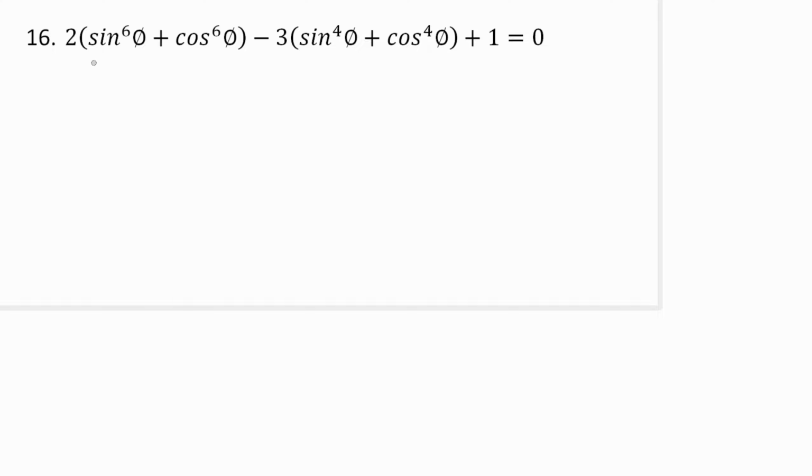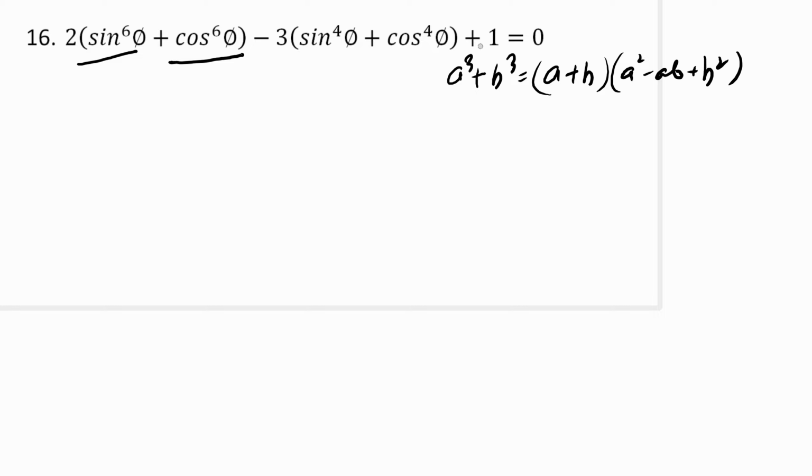First, let's apply a cube plus b cube over here. We have applied it in the last question also. We know a cube plus b cube is equal to a plus b, a square minus ab plus b square.